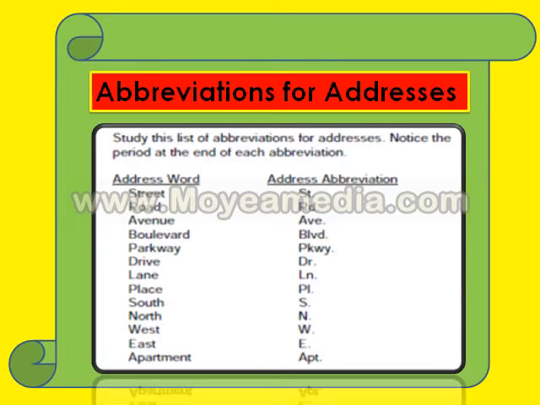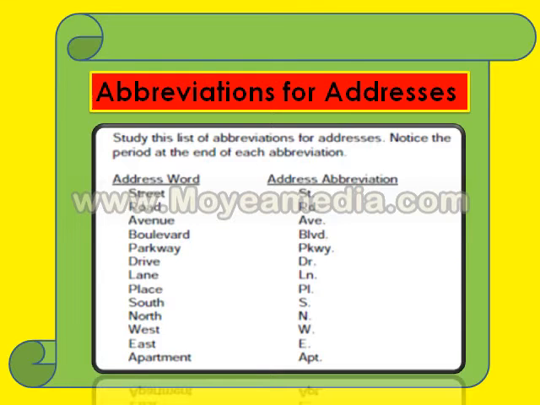For example, street. The abbreviation for this is ST followed by a period. Road, RD followed by a period. Avenue, AVE followed by a period. Boulevard, BLVD followed by a period.